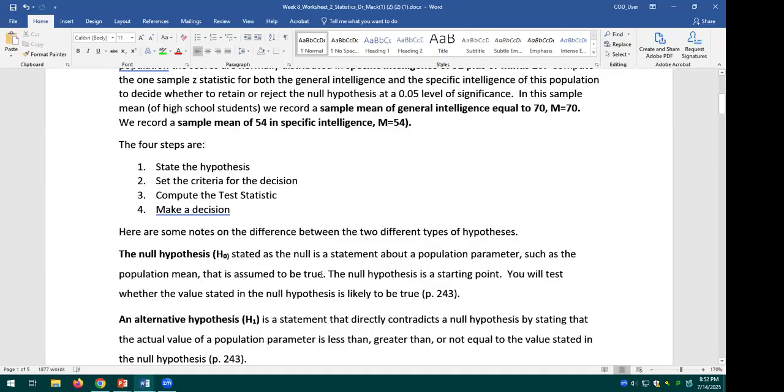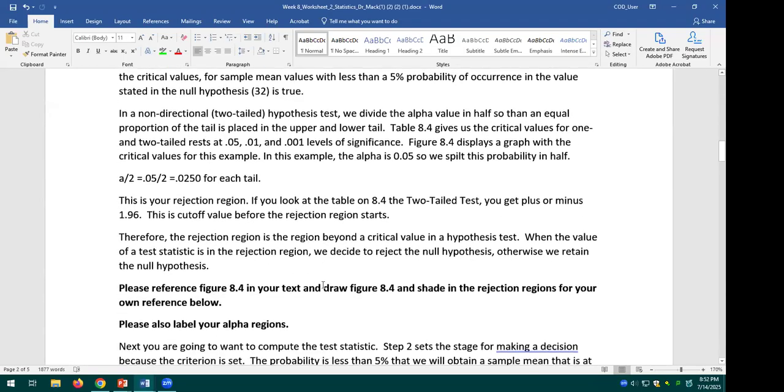So the z obtained value would be, we did this, 17, the standard deviation over 100, which is the square root of n. We got 0.17.